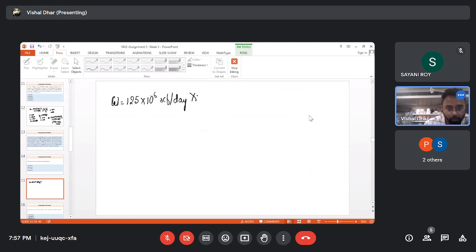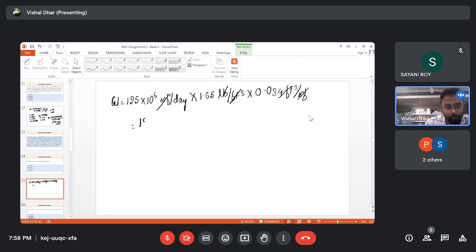Next will be 1.65 lb per feet cube into 0.034 feet cube per SCF. So the SCF and feet cube will be cancelled.